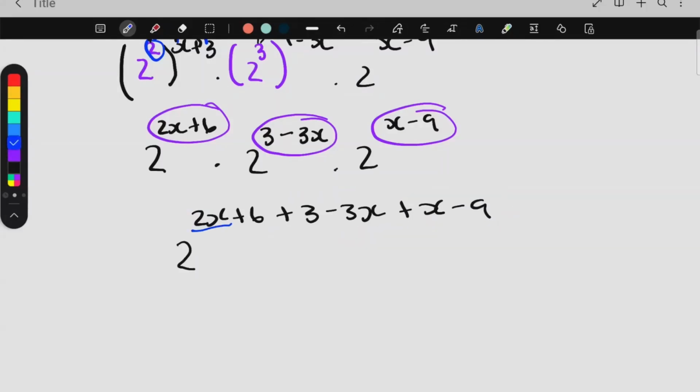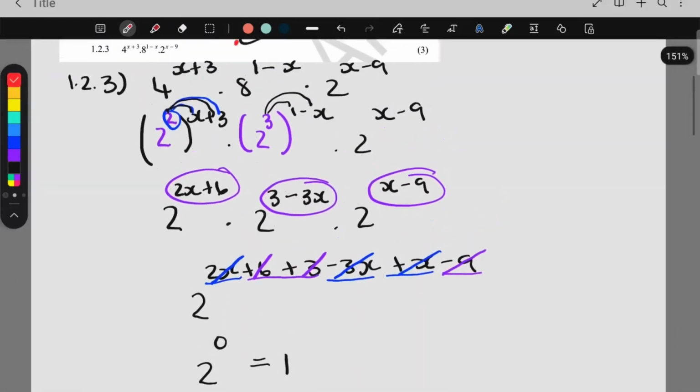This 2x and this negative 3x and that positive x, they will all cancel. Okay. So that will cancel. Then 6 plus 3 is 9, minus 9. So they will also cancel. That's 0. Okay, so the answer is 2 to the 0. And anything to the 0 is 1. And that is the answer to this question.